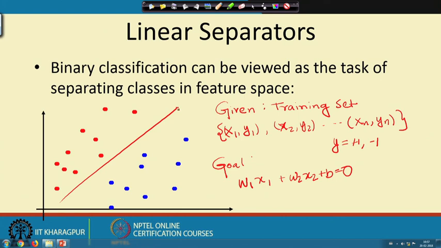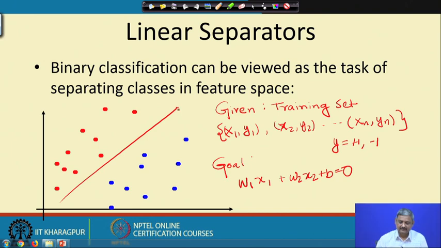So, in this case I have 2 sets of points, the red points and the blue points. The blue points are all positive examples and the red points are all negative class examples. So, I want to find the values of w1, w2 and b corresponding to a good linear discriminant.